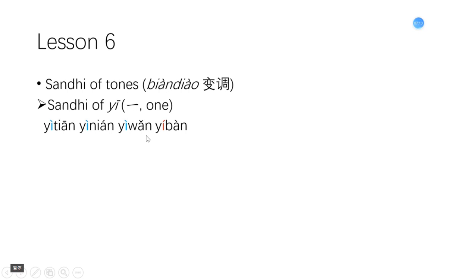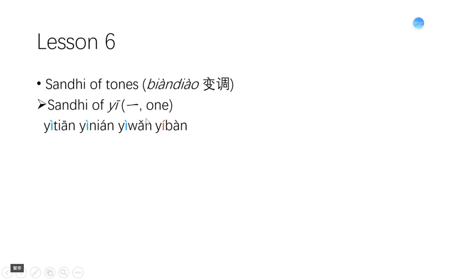Compared to the Sandhi of bu, even when 一 is put before a first tone, second tone, and third tone syllable, there is also a change in tones.